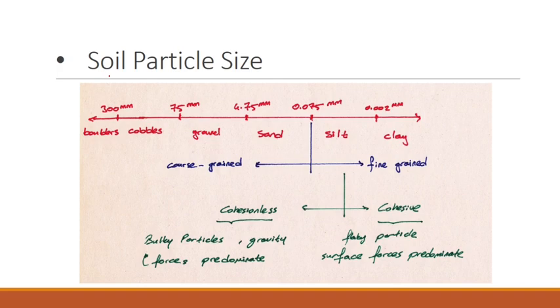Now we talk about soil particle size. This subtitle is very important for us. As discussed in the preceding section, the size of particles that make up soil varies over a wide range.